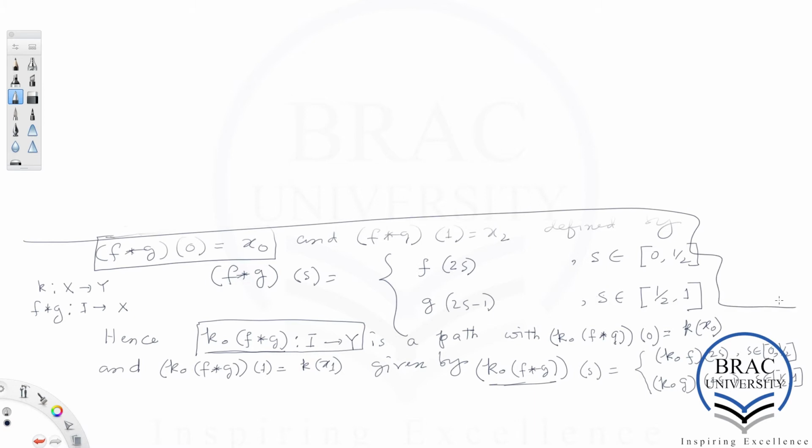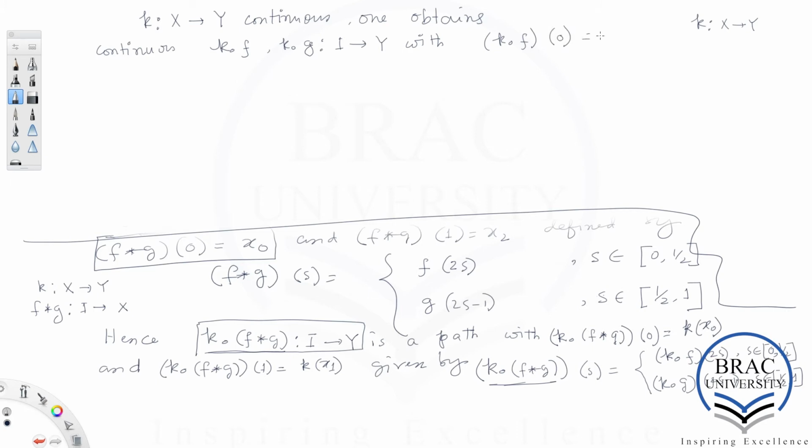Now since K from X to Y is continuous, one obtains continuous K composed with F and K composed with G from I to Y. Okay, since K is a continuous map from X to Y. Okay, with K composed with F at 0 is equal to K of X0, since F of 0 is X0.